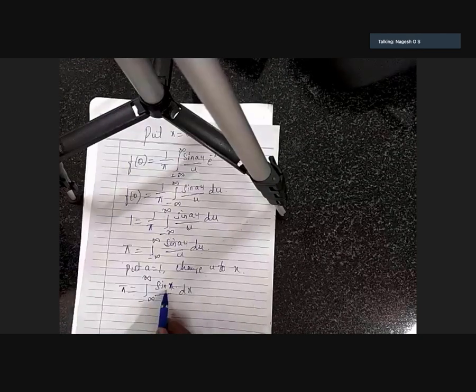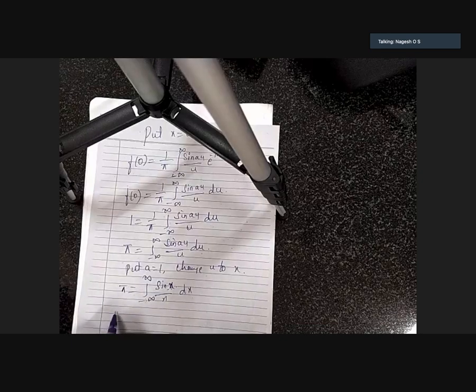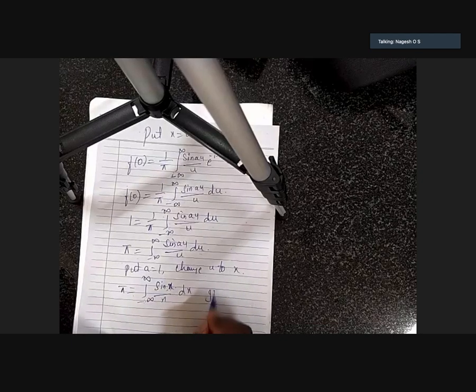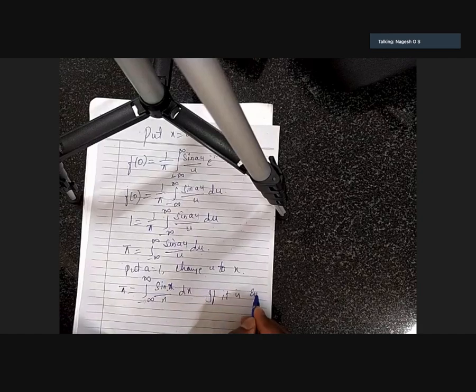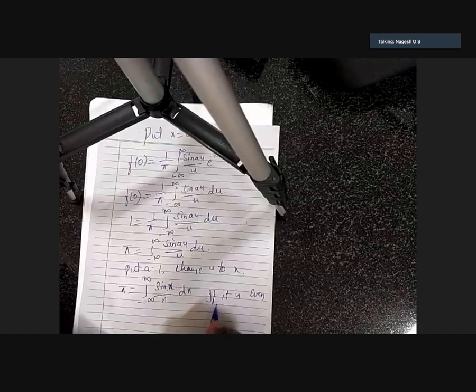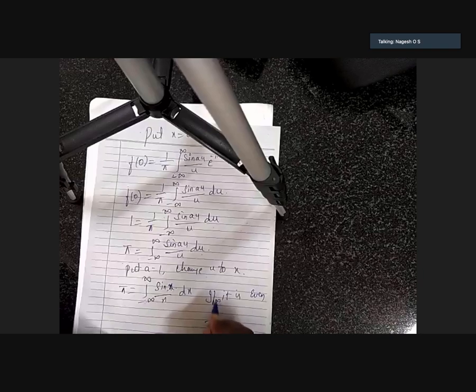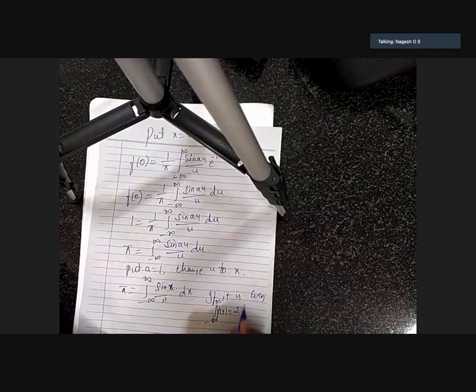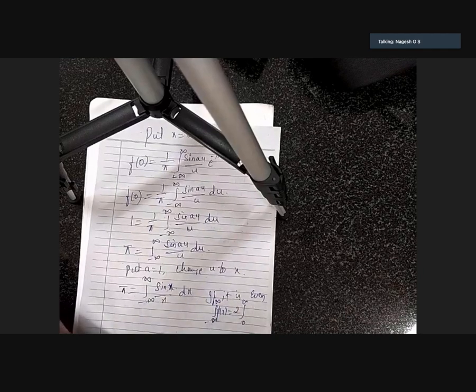But in the problem they asked to reduce to 0 to infinity. Here we have minus infinity to infinity. We will check whether it is even or odd. If it is even, then we can write minus infinity to infinity of f of x as 2 times 0 to infinity.